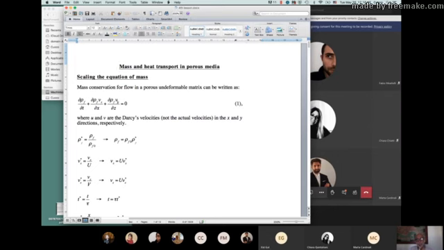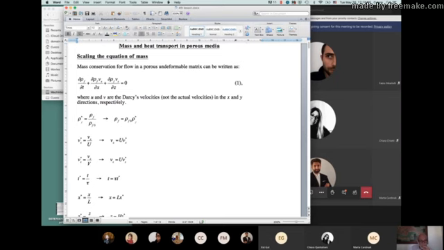Let's see how this process, in which you need to reach two goals. First, make each parameter dimensionless. Second, make them vary between 0 and 1. So let's see how this is achieved. I need to define a set of variables which are dimensionless.